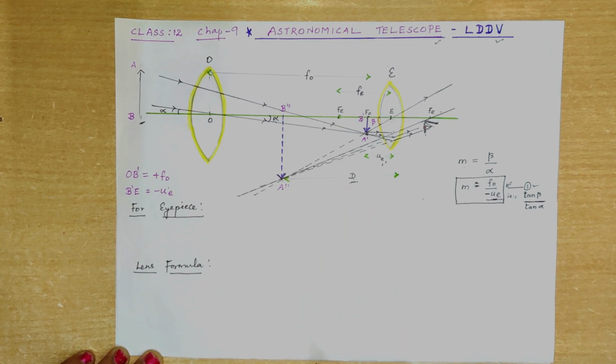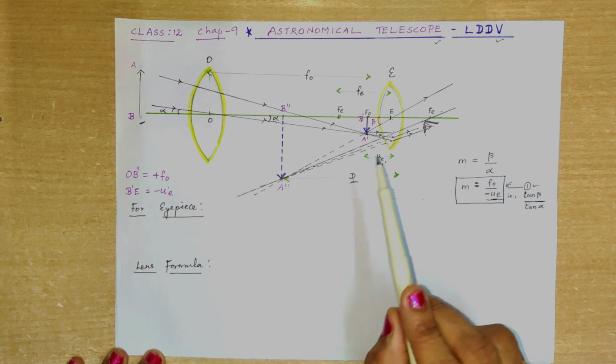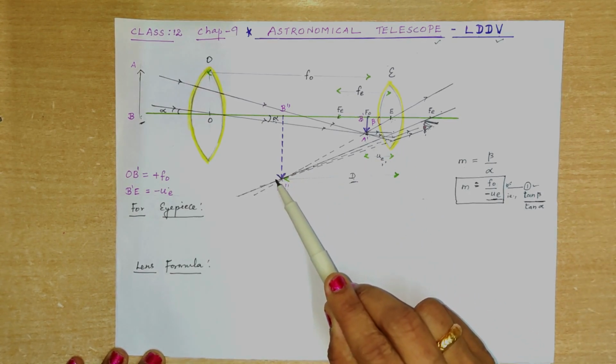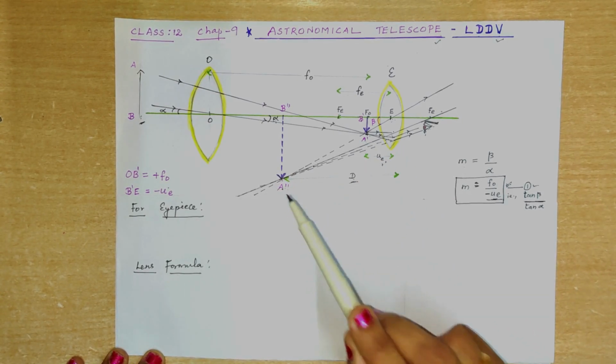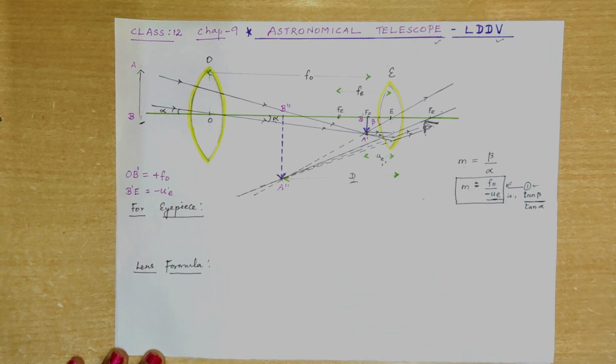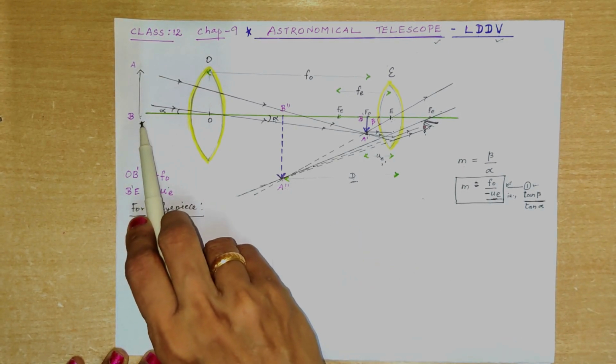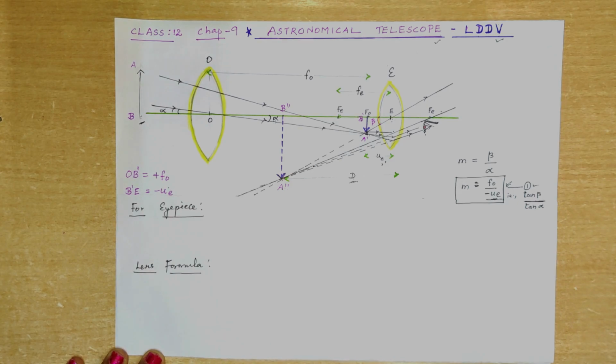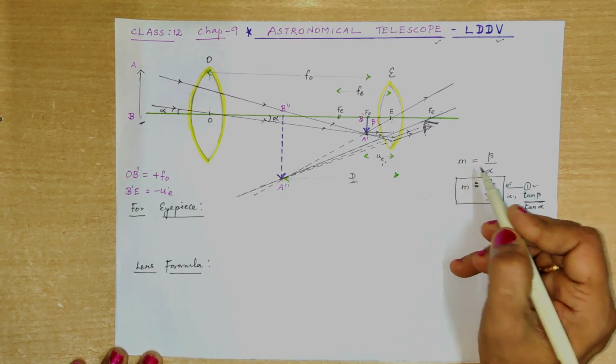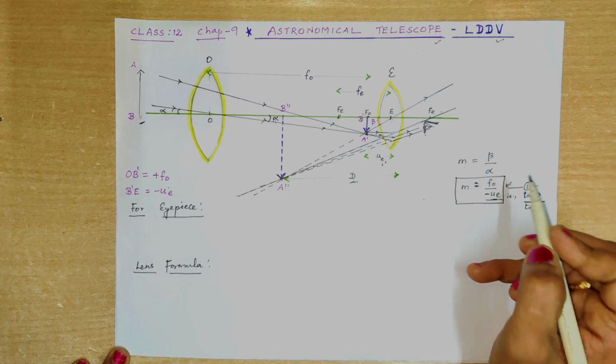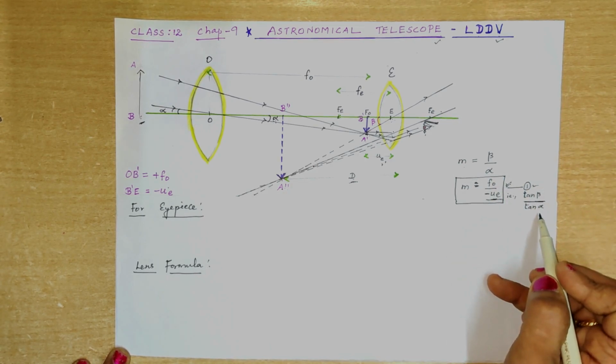And we know what the magnifying power is. It is the ratio of the angle formed at the eye by the final image formed at the LDDV to the angle formed at the eye by the object at infinite position when it is seen directly. So M is equal to beta by alpha. It is nothing but tan beta by tan alpha.